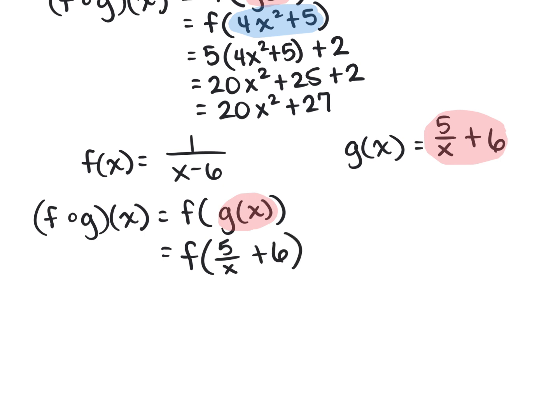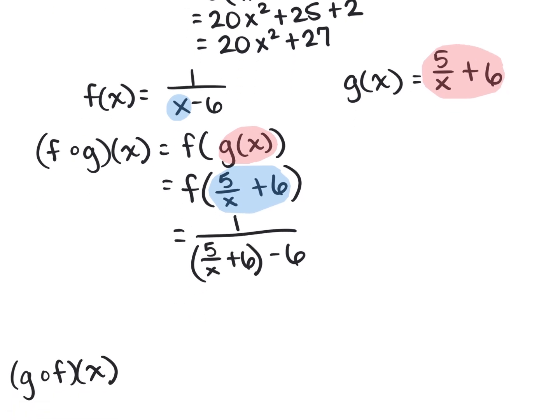And now that I am moving over to the f function, this is going to be substituted in for that x. So I have 1 over x minus 6. So my x is 5 over x plus 6.